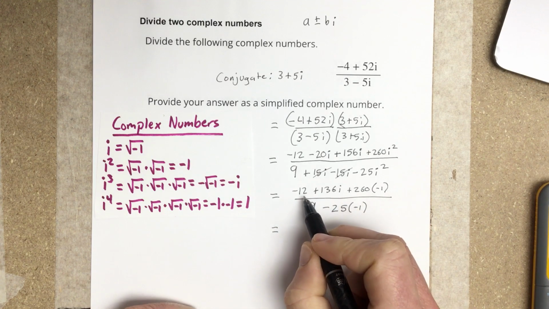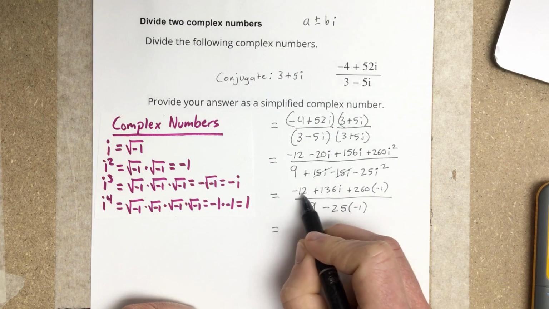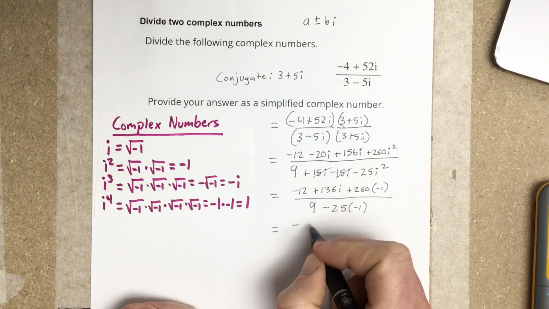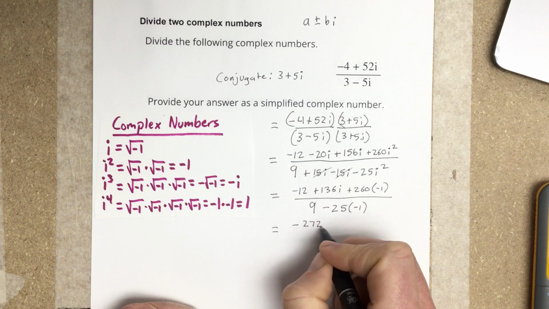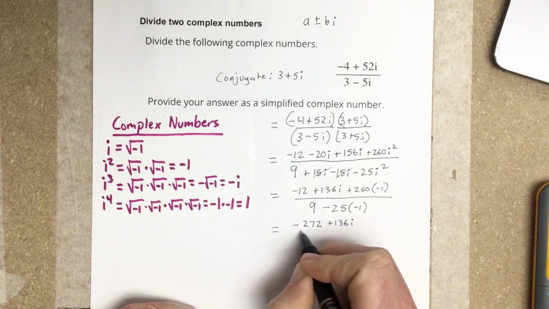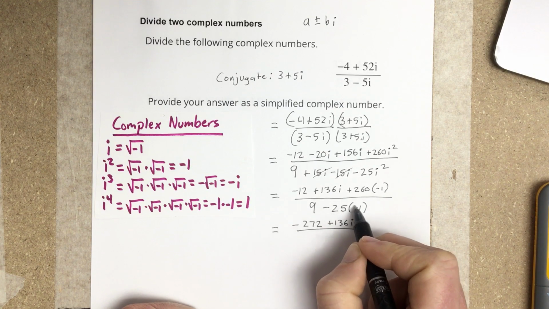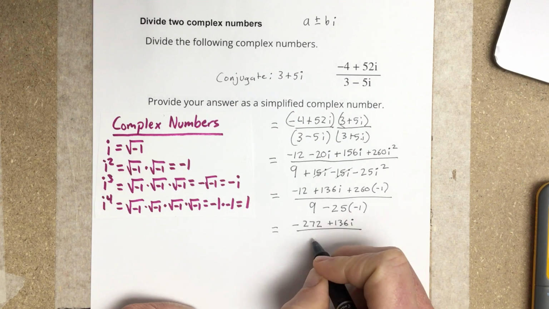Let's simplify a little more. On top, that's negative 260. When I combine it with the negative 12, I get negative 272 plus 136i. On the bottom, I have negative 25 times negative 1, which would be positive 25. So I have really 9 plus 25, which is 34.